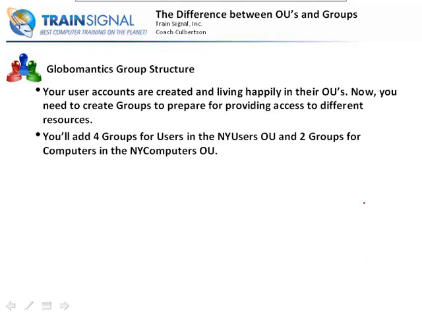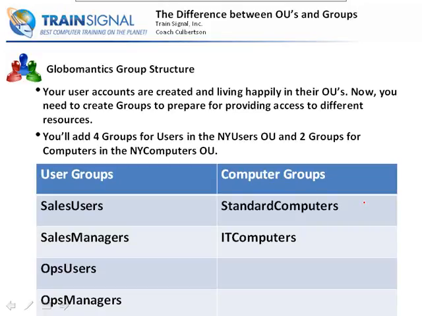Remember, a group lives in an OU, and we're going to be creating 2 groups for computers in the NY Computers OU. Now we can group users, we can also group computers. In the very next video, you're going to see some very direct consequences of what you can do with groups in terms of users. Now computer groups are still useful, but we use them less. But it's good to have them in groups because there's all kinds of security things that we can do with groups later on. But again, let's just take things step by step.